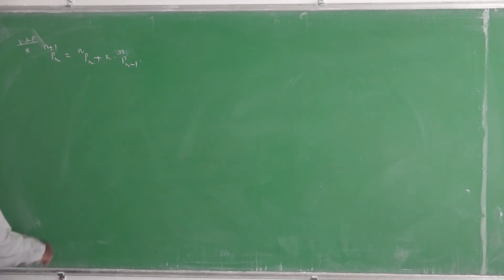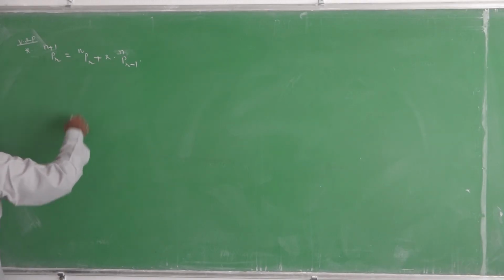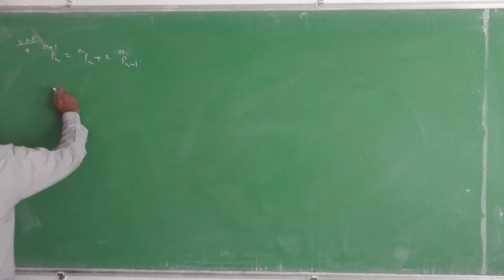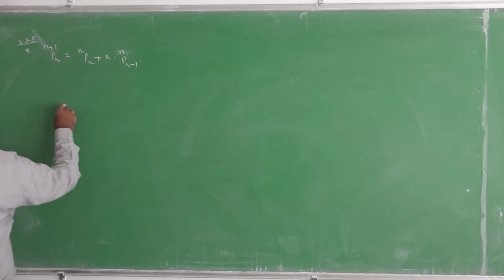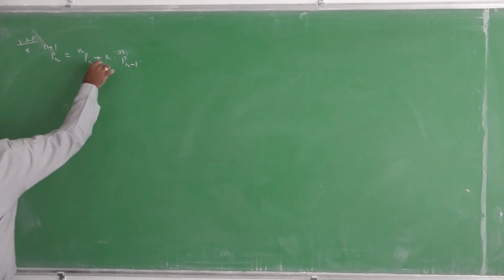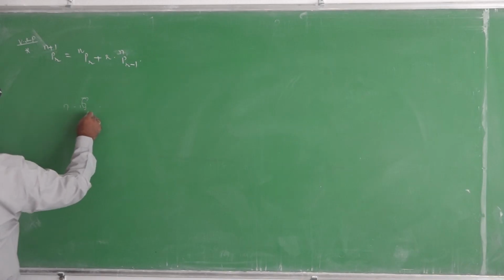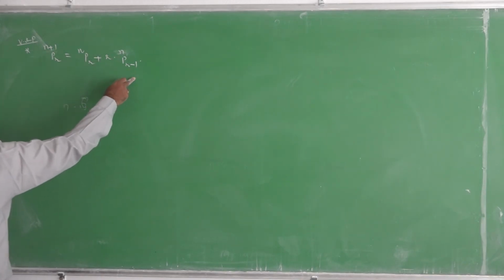A particular thing is included and a particular thing is not included. A particular thing is included in the arrangement means one place out of all r places is always filled with it, so the remaining r minus 1 gaps can be filled with n things in n P r minus 1 ways.